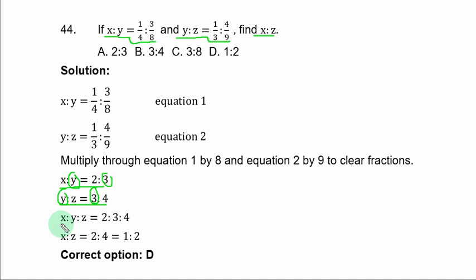Since Y is already the same for S, take 2, Y is ratio 3, then to ratio 4 for Z. And we are interested in S ratio Z, that is 2 ratio 4. Divide through by 2, you have 1 ratio 2. D is the correct option.